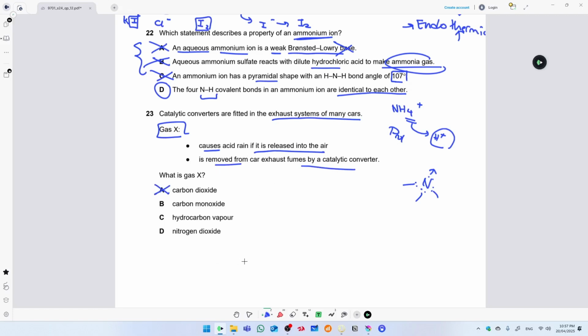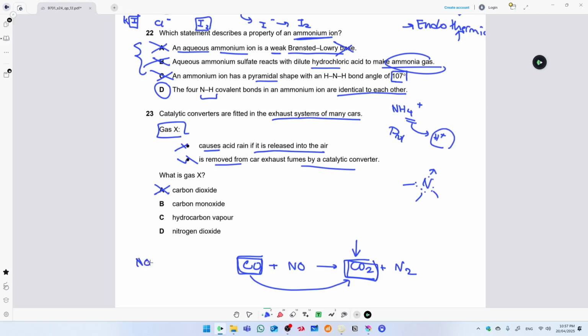So if you look at the overall reaction, CO2 is a way less harmful gas than CO, so it's formed. So you form CO2 rather than CO. So carbon dioxide is not removed, so it doesn't fit the second point. Carbon monoxide does fit the second bullet point, but doesn't fit the first bullet point. It doesn't cause acid rain.